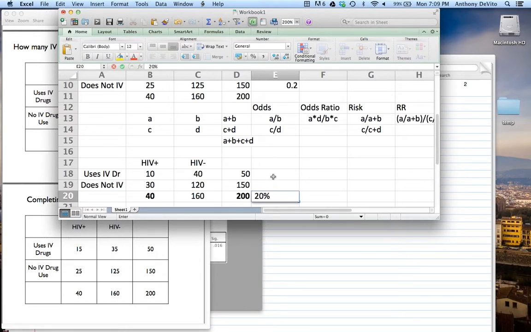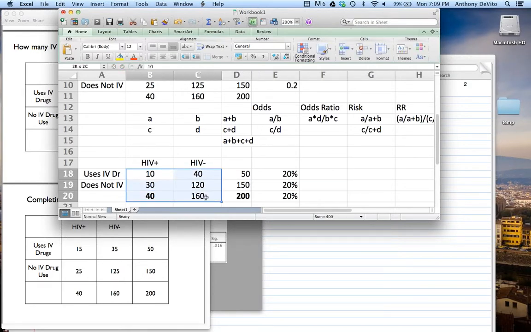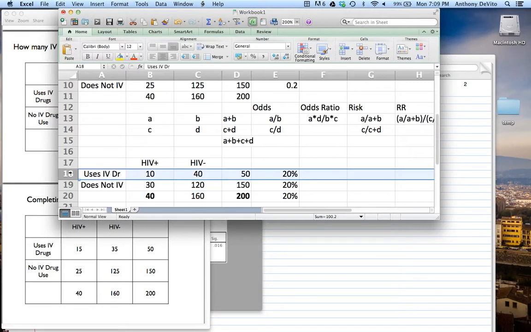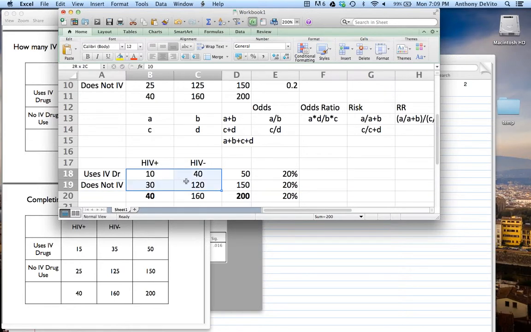The prevalence if you were an IV drug user was 20%. And the prevalence if you were a non-IV drug user was also 20%. This is what we would expect if there's no association between IV drug use and persons that do not use IV drugs. This is our expected outcome.